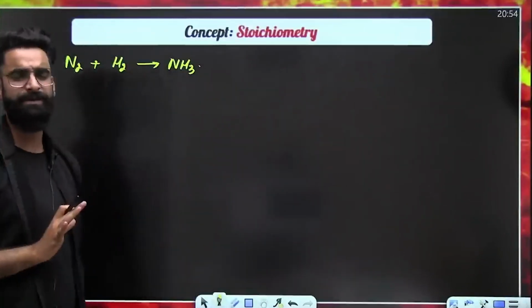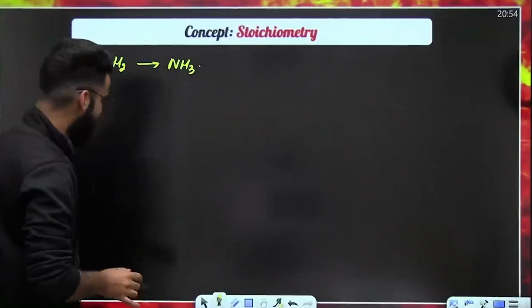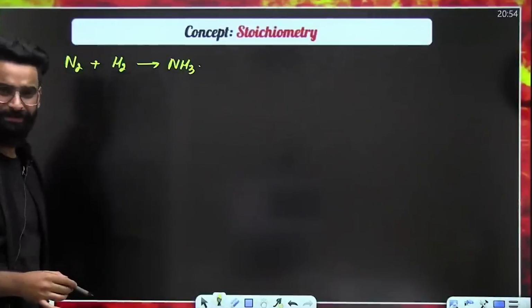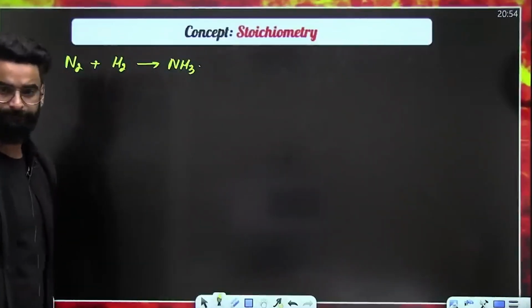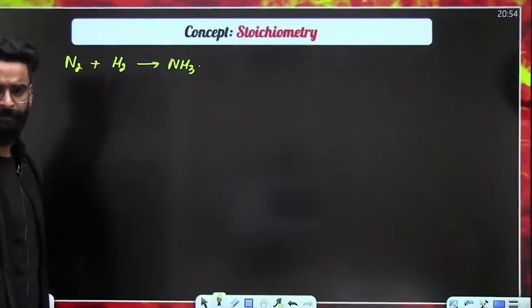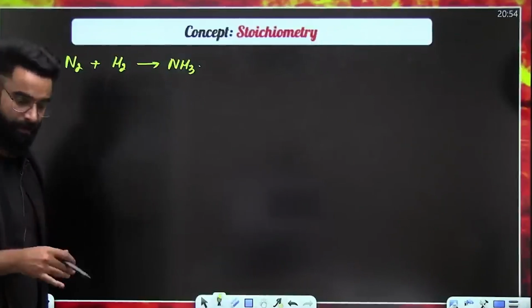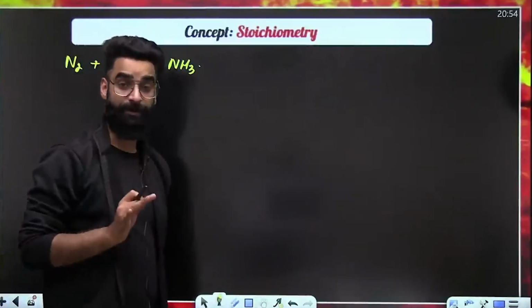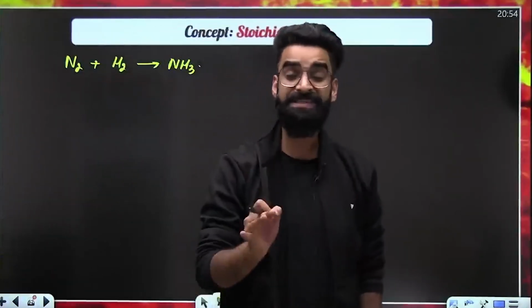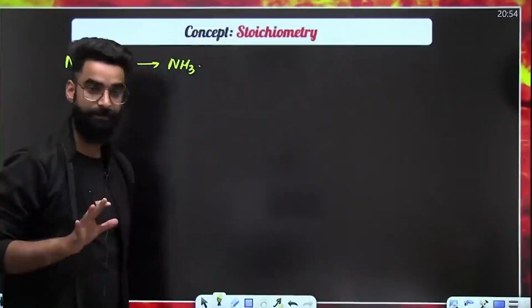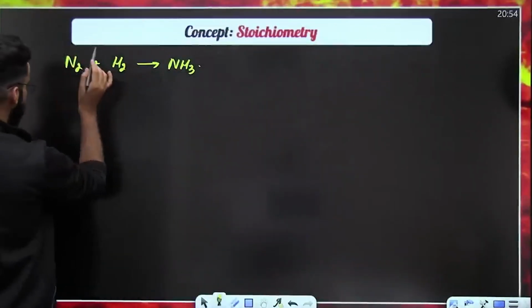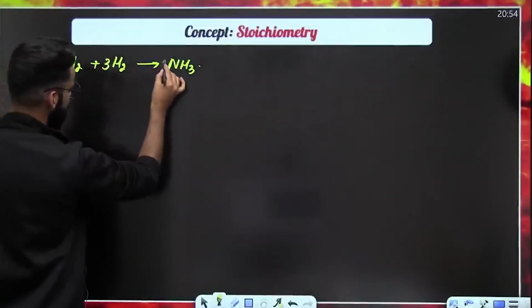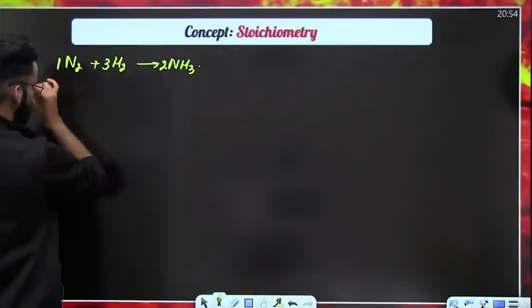N2 plus H2 gives NH3. First of all, is this reaction balanced or unbalanced? The reaction is unbalanced. Whenever you want to use stoichiometry in a reaction, the first step always is to balance it. So let's try to balance the reaction. This has to be 3 times, this has to be 2 times, and this has to be 1.